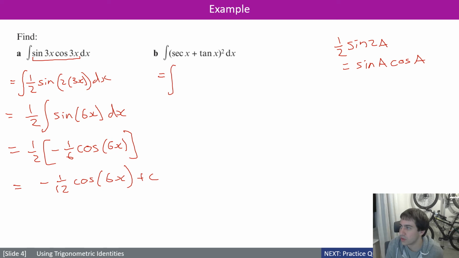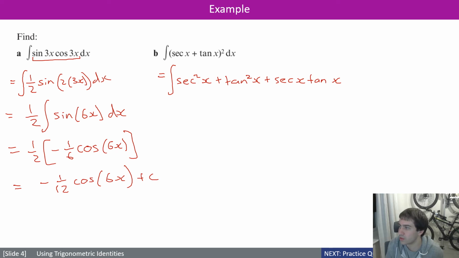This is the integral of sec squared x plus tan squared x plus sec x tan x. And then we can now split this up into its separate parts, right?